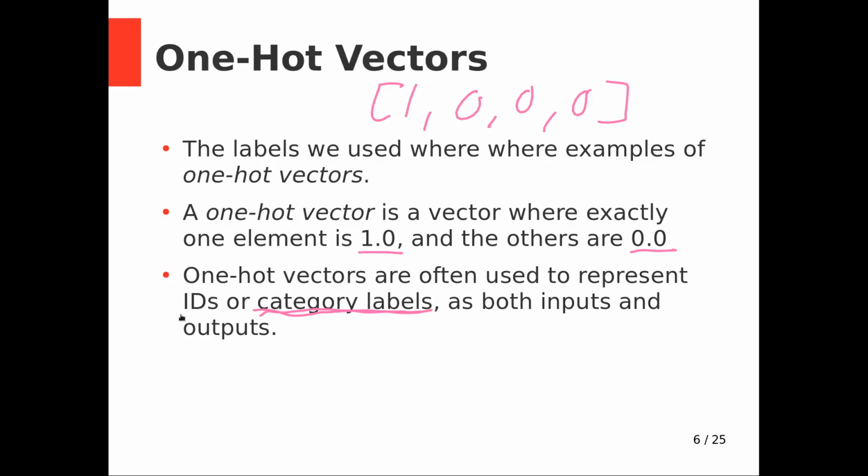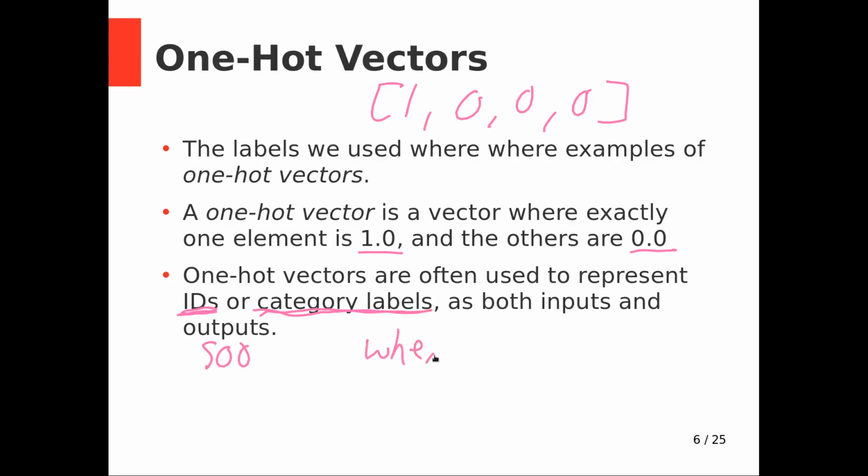They are often also used to represent, for example, IDs in language tasks, right? So if we're doing a language task, we might pick the 500 most common words, and then we might represent our input as the ID of a given word, right?